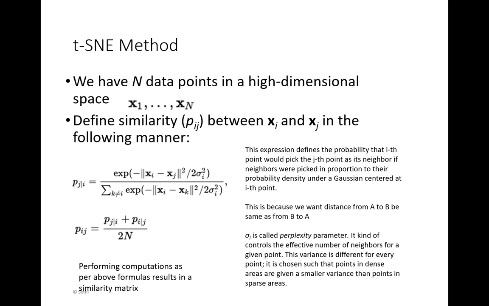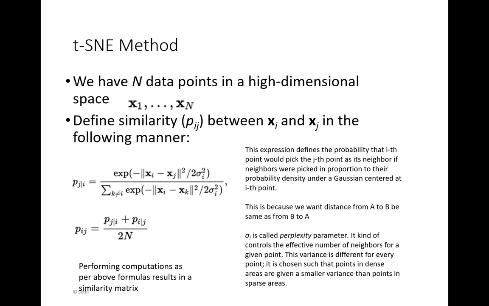Let us say that we have capital N data points in a high dimensional space, as we assumed earlier for PCA, etc. Let's pick any pair of points xi and xj, and let us say that Pij represents the similarity between these 2 points. One can define this similarity in a number of ways.